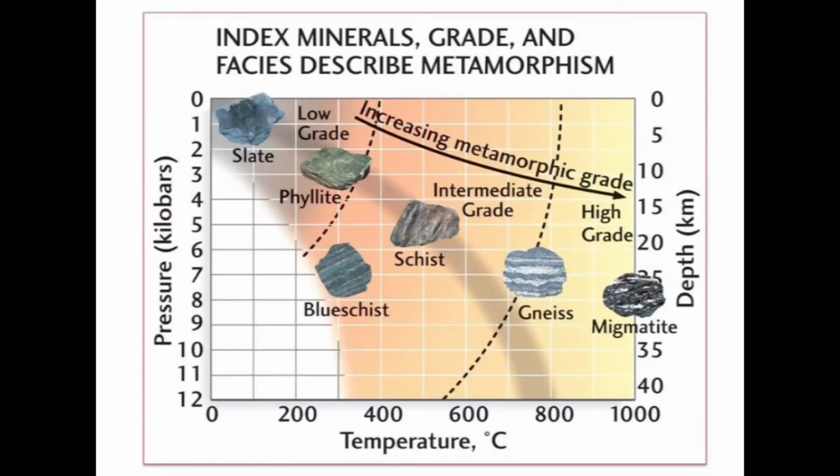The textures and structures of the rocks change from slate and phyllite in the chlorite zone to different types of schist in the biotite, garnet, staurolite, and kyanite zones, and normally gneisses in the sillimanite zone.